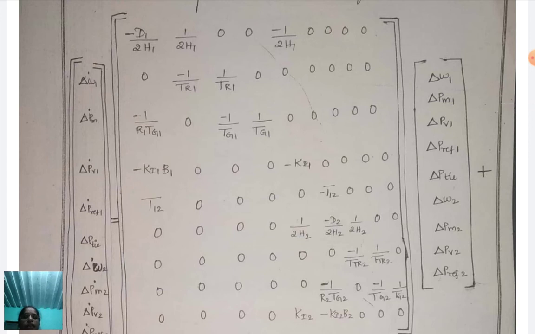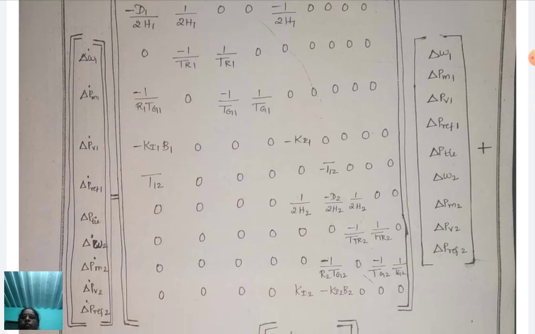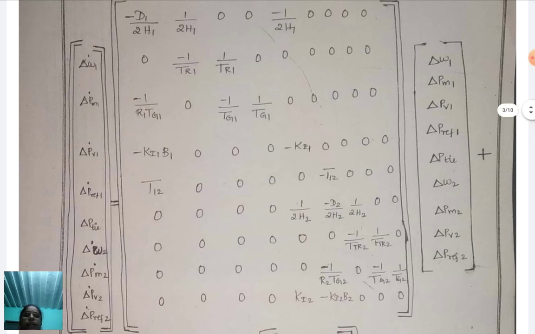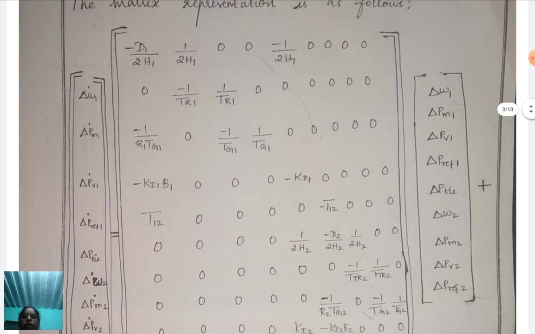The x dot means del omega 1 dot, del P M1 dot, del P V1 dot, del P reference 1 dot, del P tie dot, del omega 2 dot, del P M2 dot, del P V2 dot, del P reference 2 dot. From the 8 equations you have to write down the matrix format.